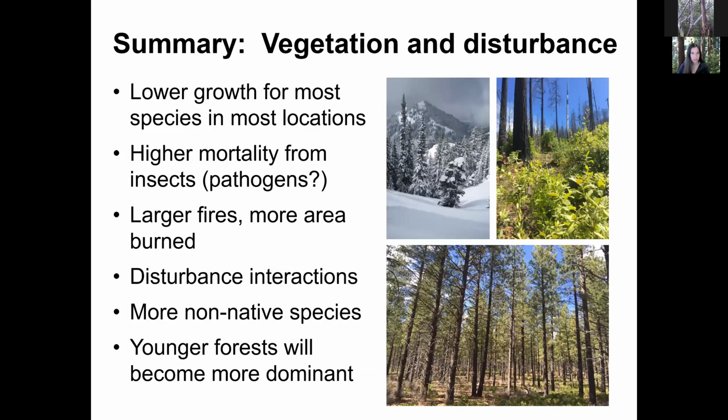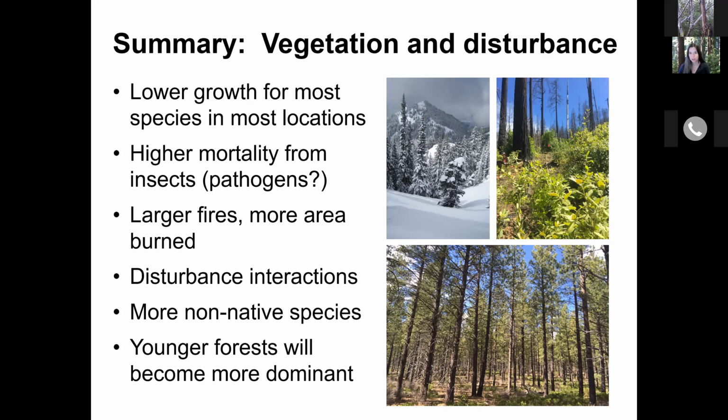So a little summary here on what we're expecting in terms of vegetation change and disturbance. With more drought limitations, we're expecting lower growth for most species in most locations. Those high elevation locations are an exception. We may have some mortality events from insects and in some cases pathogens, depending on how they respond to the specific climate changes we experience.